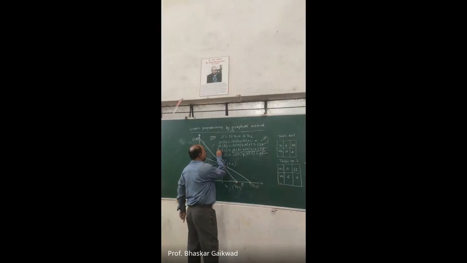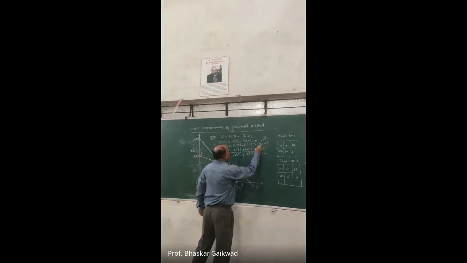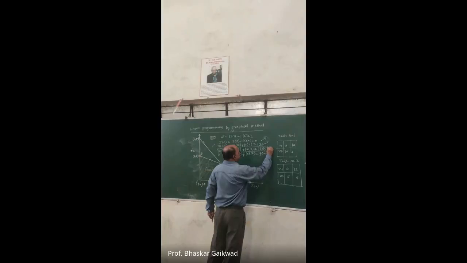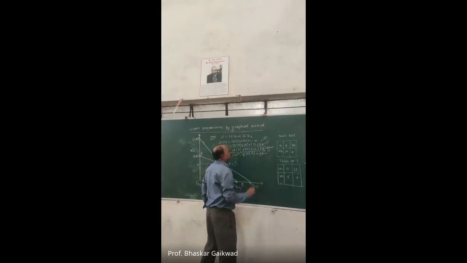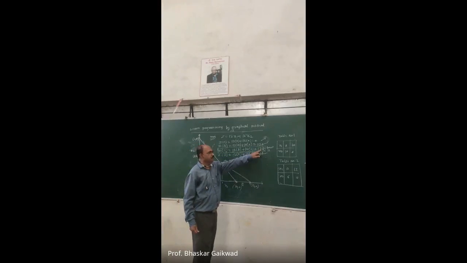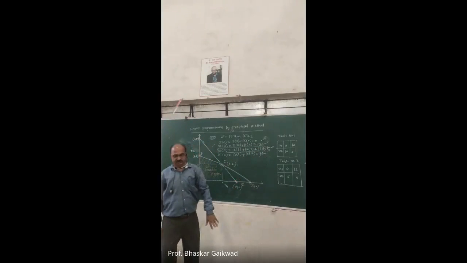This is your solution, because here Z is maximum, and the corresponding x1 is 8 and x2 is 2. That means quantity 8 of x1 and quantity 2 of x2 are to be produced in order to get maximum profit.